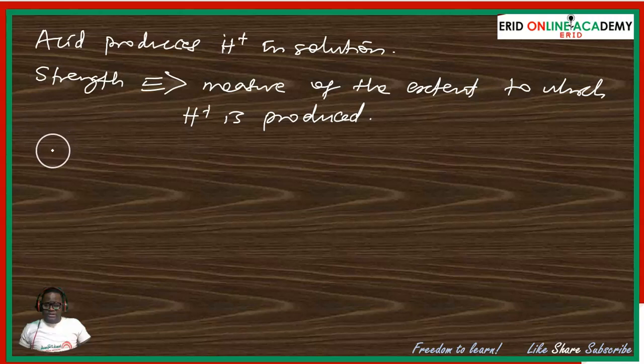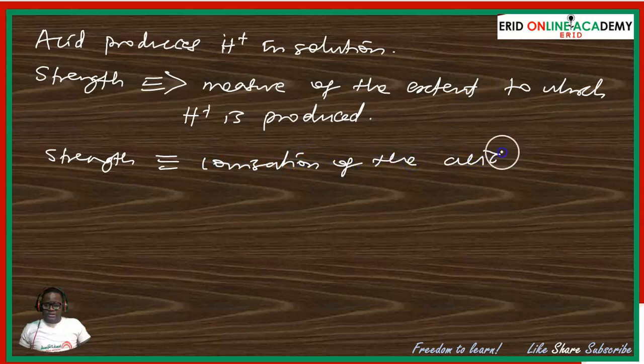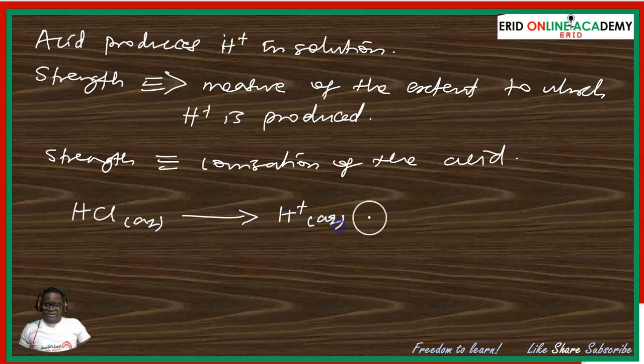So essentially, the strength of an acid is proportional to the ionization of the acid. When you say an acid ionizes, for example, hydrochloric acid in water, aqueous, it simply means that it splits into its ions.